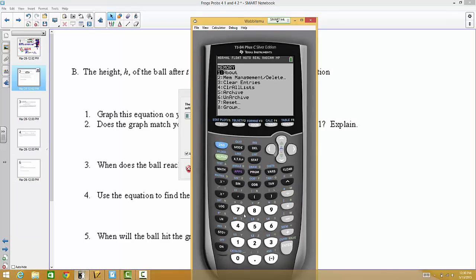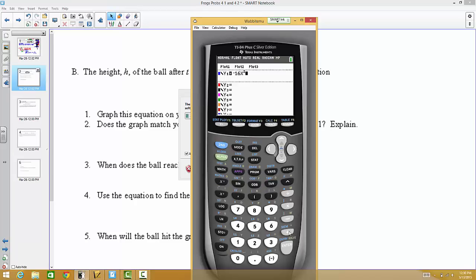Second plus 7, 1, 2. Yep. And then if you go to y equals, you're going to type in negative, remember that's this white key at the bottom, 16x squared.